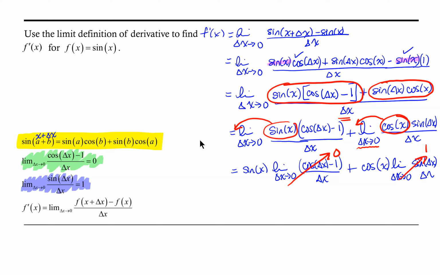So this goes to 1. So we end up with sine of x times 0 plus cosine of x times 1, which equals cosine of x. So for f of x equal to sine of x, f prime of x is equal to cosine of x.